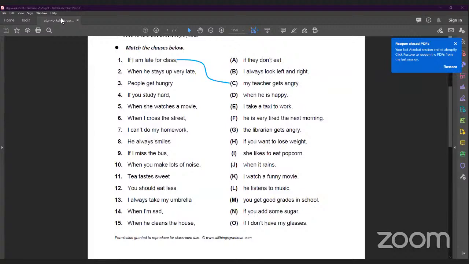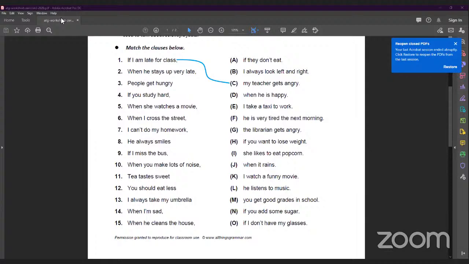Okay, let's continue. Miss Villamar Narcisa, please help me with exercise number 4 and 5. If you study hard, you have good grades in school. When she watches a movie, she listens to her podcast.